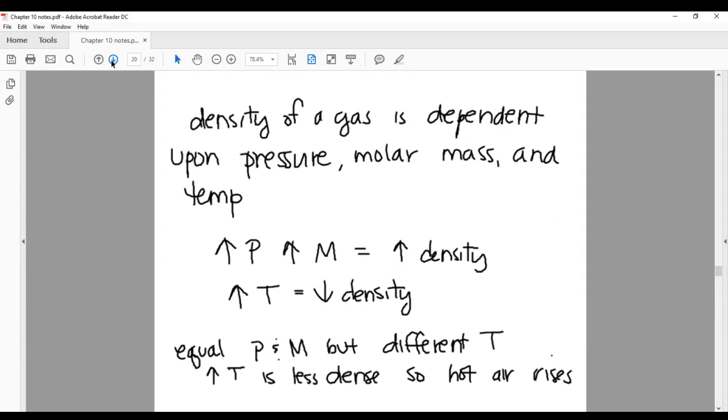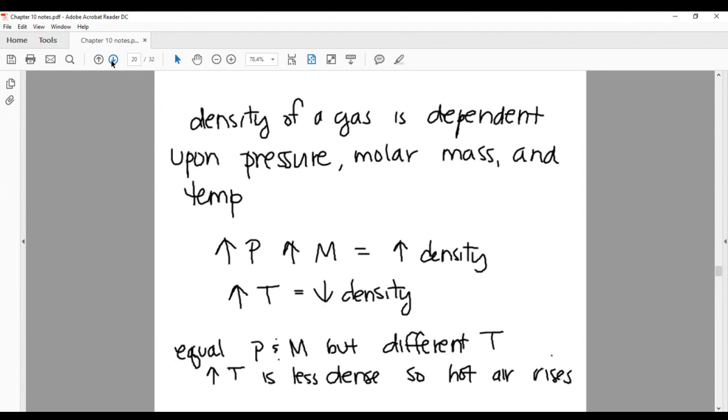To give you a real-world example, if we have an equal pressure and molar mass but a different temperature, the higher temperature is less dense. So hot air rises. You've heard that your whole life: hot air rises. Well, this is why.